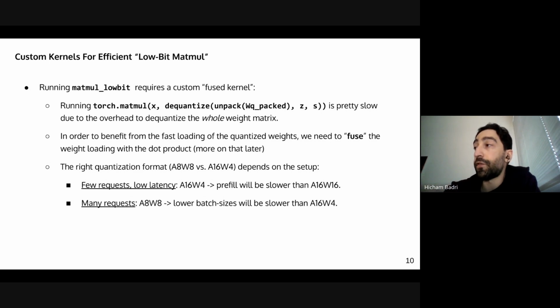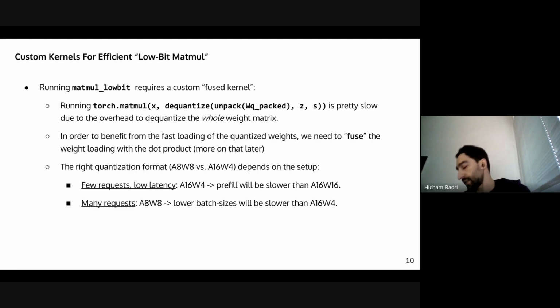First of all, your prefill across the batch is very large. And secondly, even in your decoding step, you're not decoding one token at a time, you're decoding, let's say, 64 tokens at a time or 128 tokens at a time. So in this situation, the 8-bit version is actually faster, but it will run slower with lower byte sizes, let's say a byte size of 4 or 8.